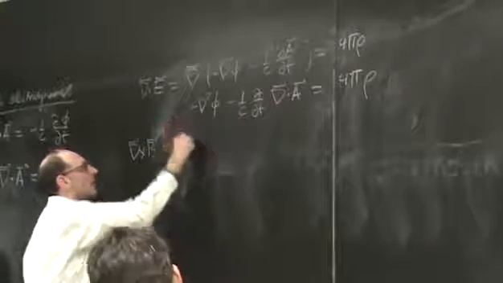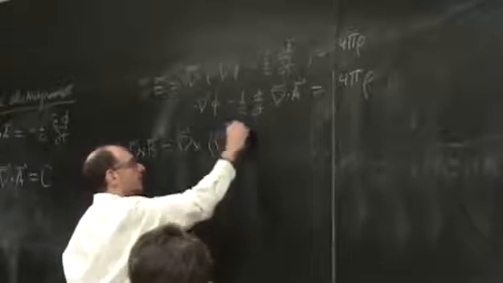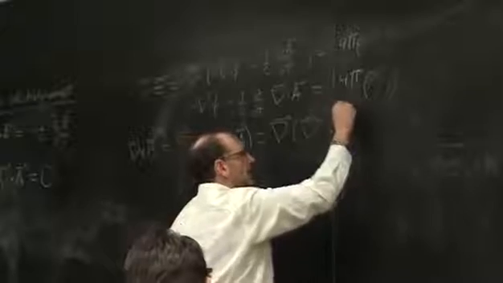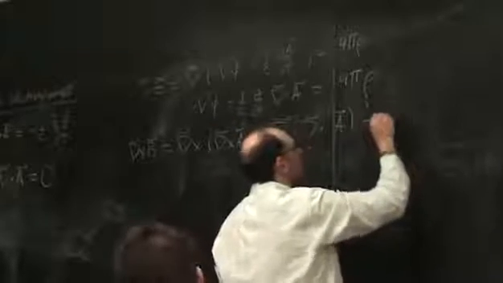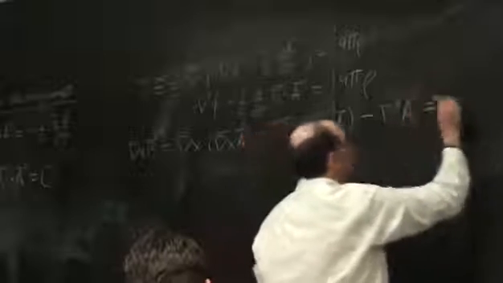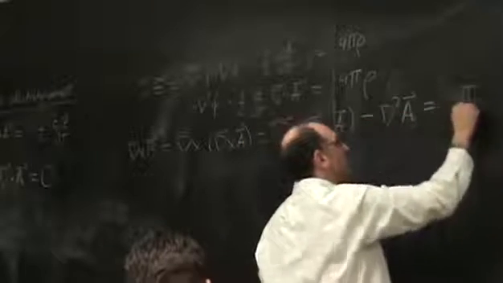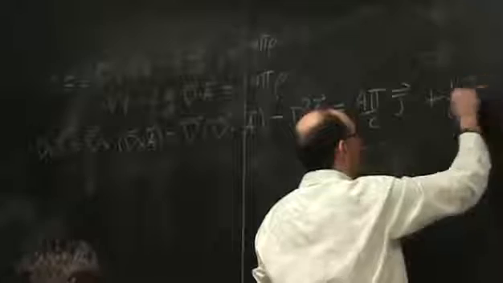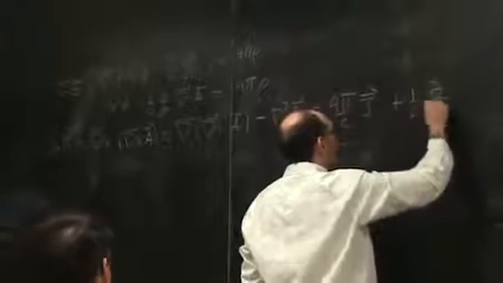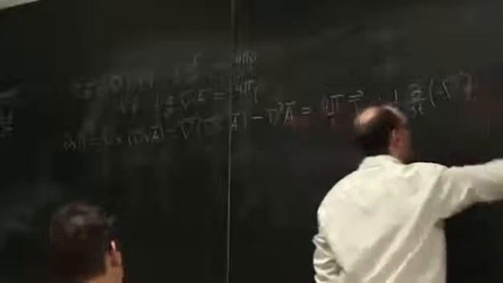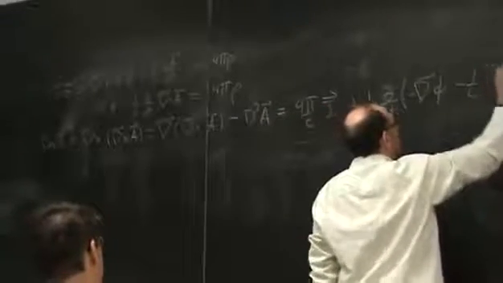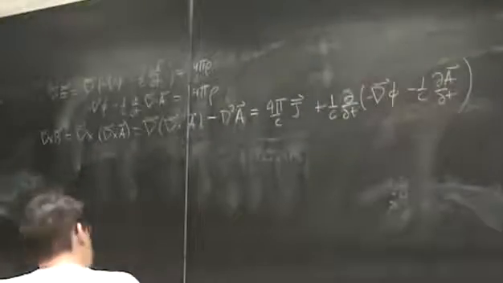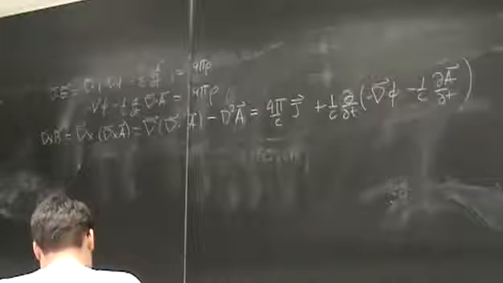And del cross B is equal to del cross del cross A, which everyone knows is the gradient of the divergence of A minus the Laplacian of A, and that equals 4 pi over c j plus 1 over c d/dt of E, which is minus the gradient of phi minus 1 over c dA/dt. So, what do we get?